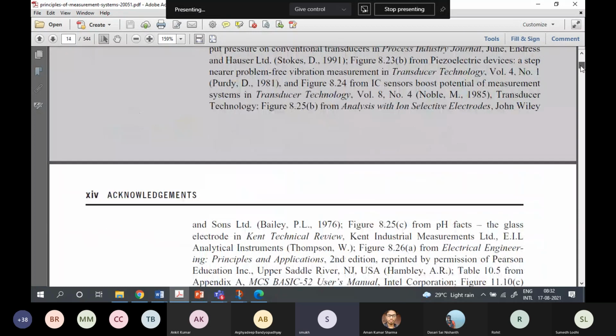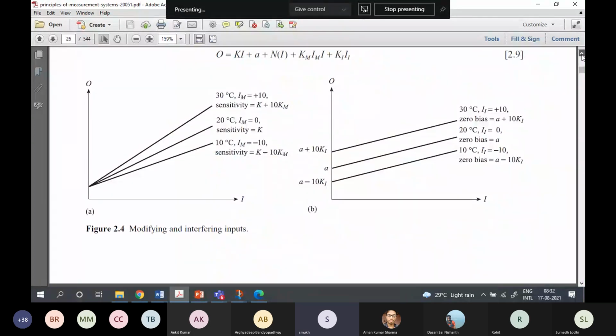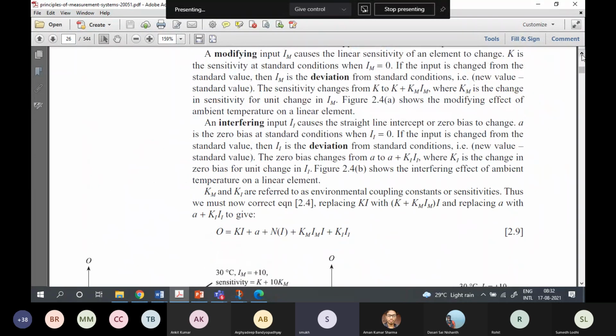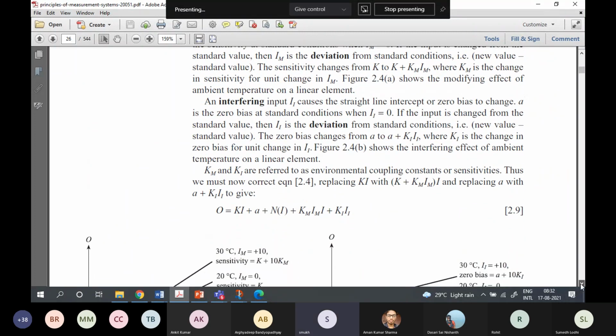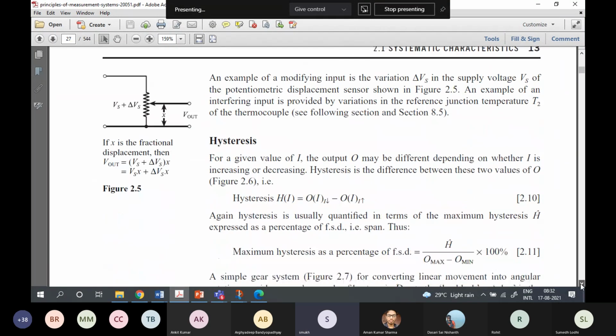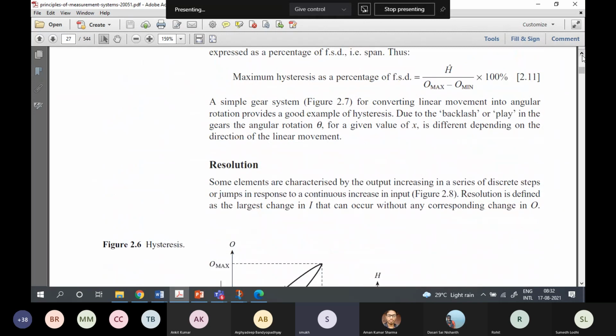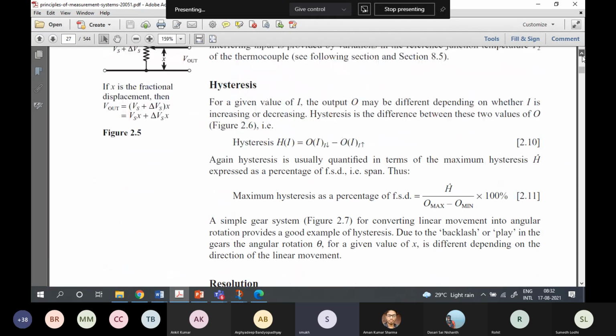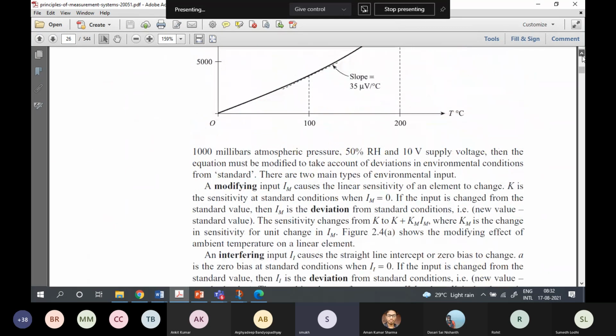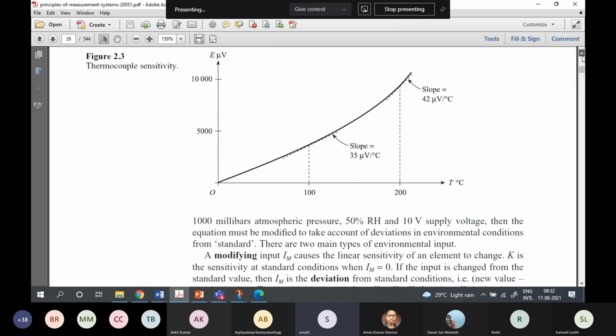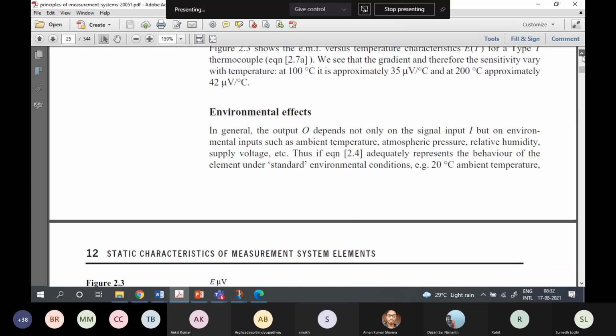Then we talk about non-linearity, because these specifications you'll find them. So let's talk about non-linearity a little bit, because this specification is often given.